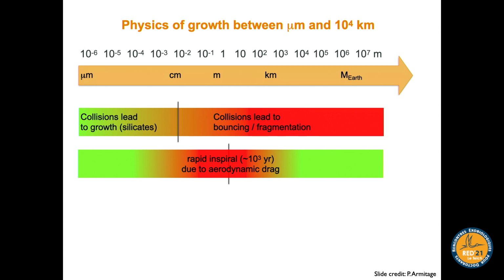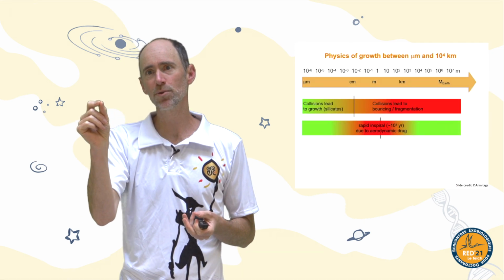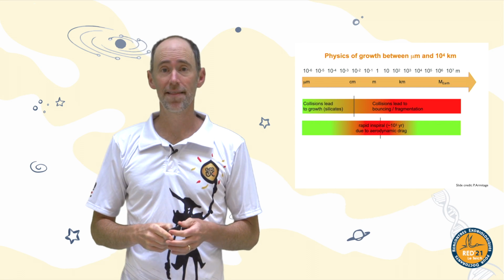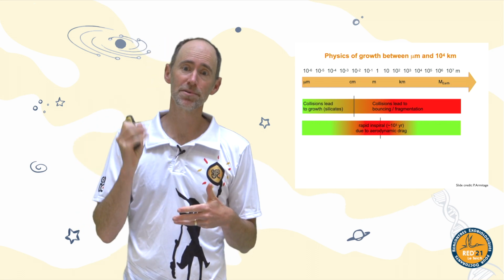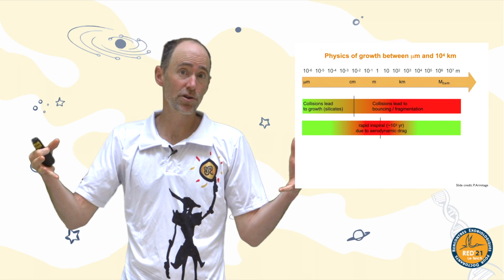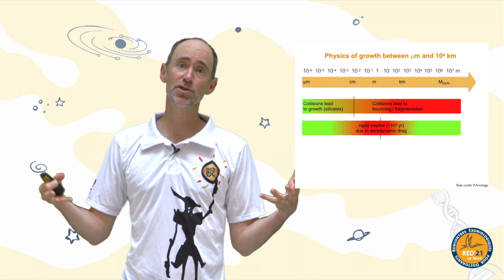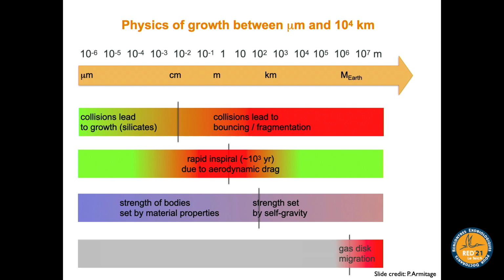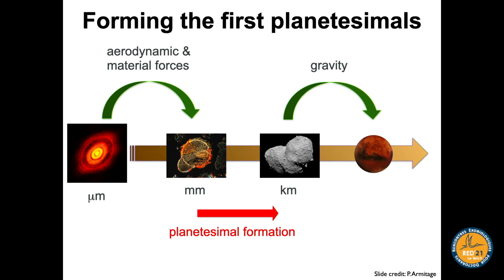What happens is they feel a headwind. Things that are very small but still feel this headwind have very little inertia, so they spiral in quickly. The things that spiral in the fastest are pebbles. That limits how big things can grow, because if things spiral too fast, they can't keep growing. There are also other barriers to growth involving the strength regimes, but we won't talk about that. Let's just move on.